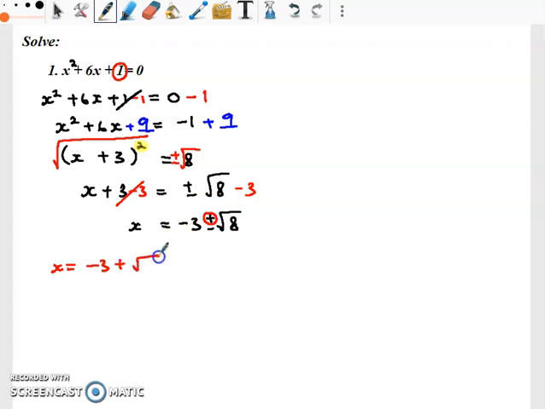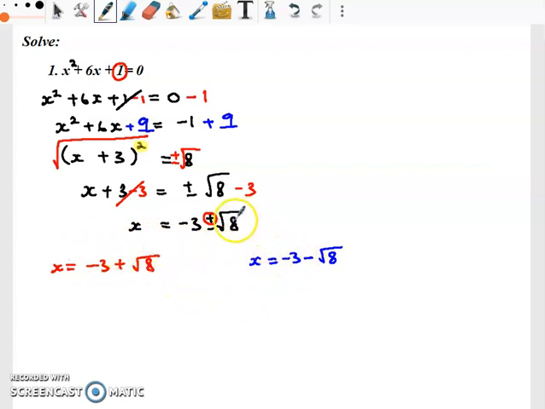Now we're going to look at the minus part. The minus part goes x equals minus 3 minus square root of 8. So you can see x actually has two values in this case.